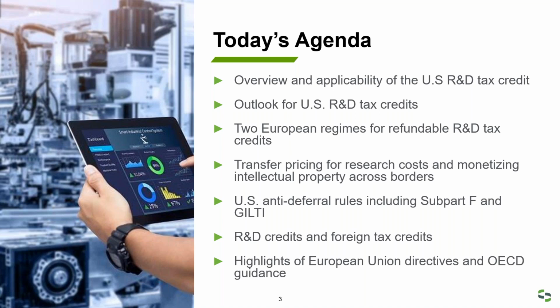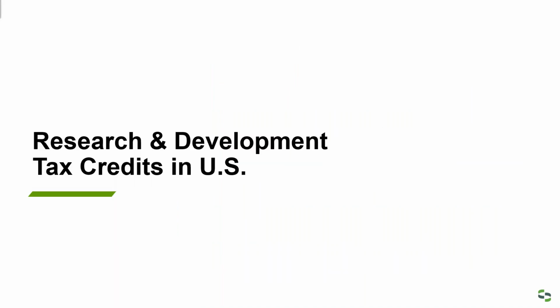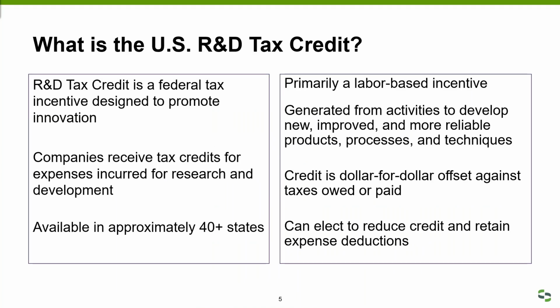And then we're going to switch over after that for Brian to be talking about the landscape and the multiple issues and questions that have to be dealt with in trying to figure out what's the best place to optimize intangible property as the companies operate in many markets around the world. So with that, Ron, let's get started with an overview of the U.S. R&D credit, because I think that's a basis for talking about all the credits, no matter where they are.